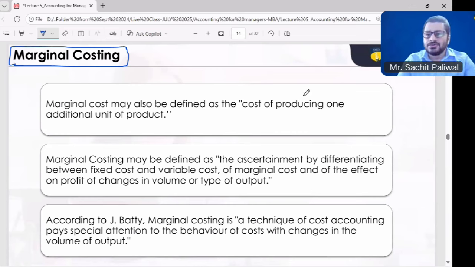Vivek, you can go to the chapter standard costing in the textbook. There you can find it. I'm not able to recall the page number right now, and I don't have a textbook with me. So I can't give you the page number, but you can find the relevant topic by searching the topic name, standard costing.